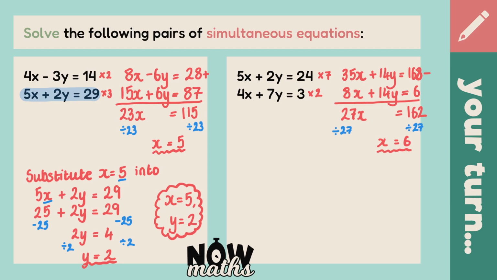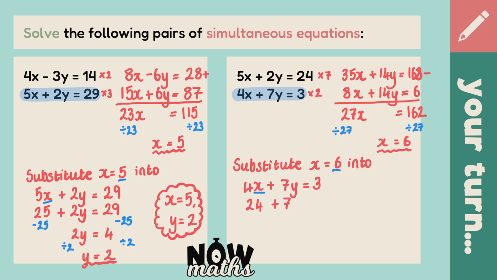Now we substitute into one of the equations we started with. Both look fairly similar this time, so I'm going to choose to substitute into the second equation. So now replacing x with 6, 4x becomes 4 multiplied by 6, which is 24. And we have add 7y equals 3.